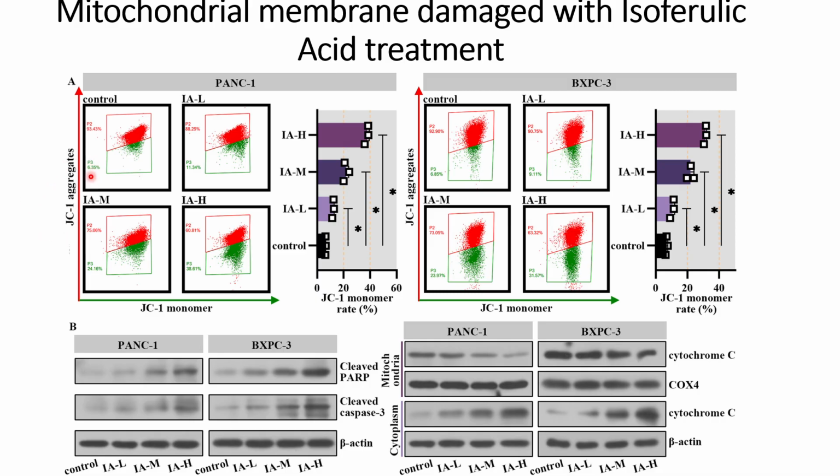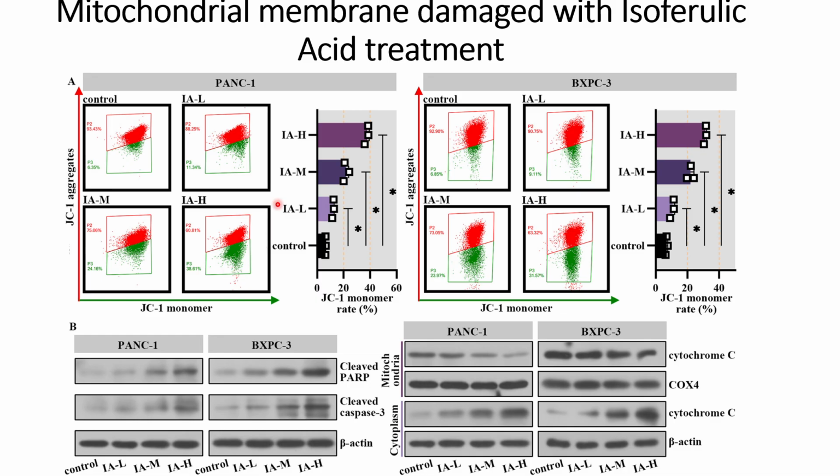So first, in the case of control, we can see around 6.35% monomers are there, whereas the maximum of them are these aggregates. But when we treat them with isoferulic acid, we see there is an increase in the number of monomers. With the low treatment, it increases from 6.35 to 11.34, and with medium treatment of isoferulic acid, it increased to 24.16, and thereafter it increased to 38.61.